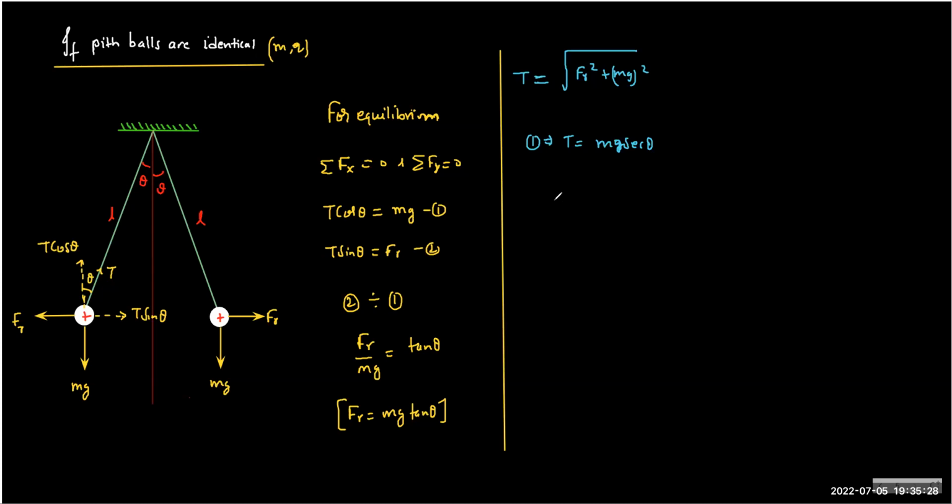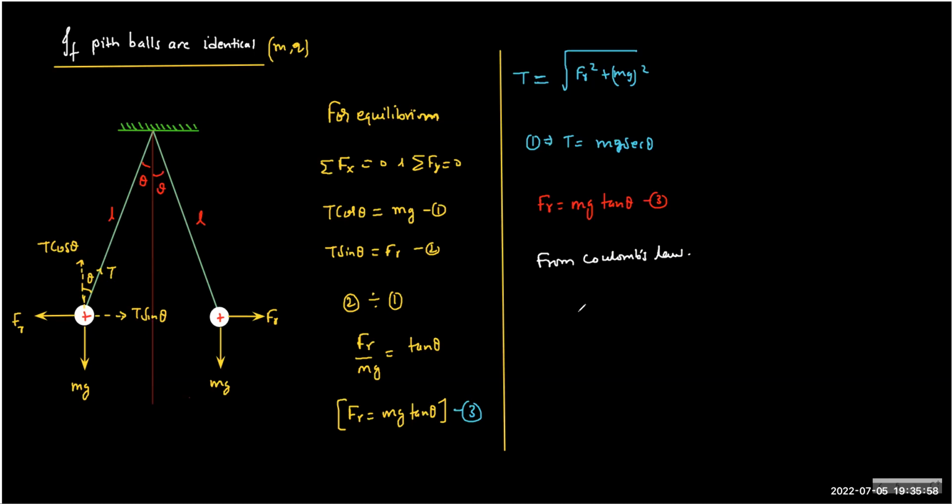Now, because we know the answer of repulsion force in terms of gravity and tan theta, we can invoke Coulomb's law now. So Coulomb's law can also give you F_R, right?